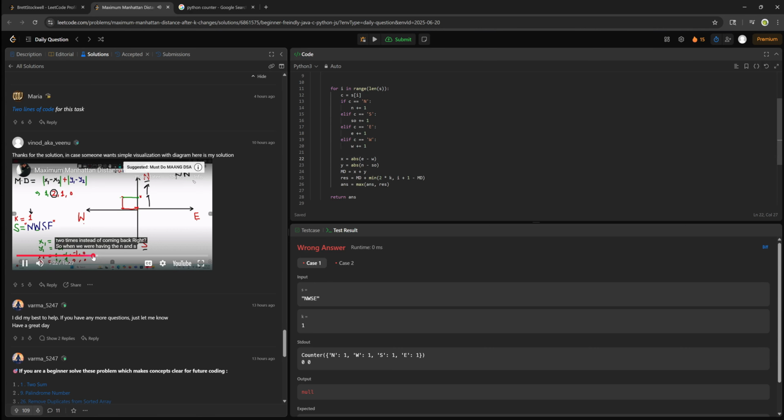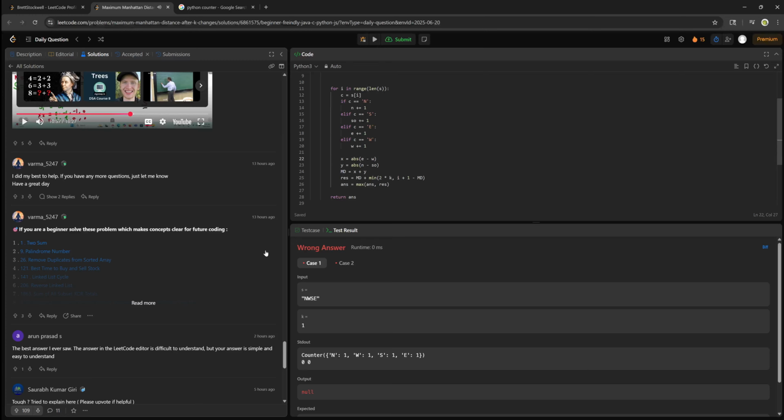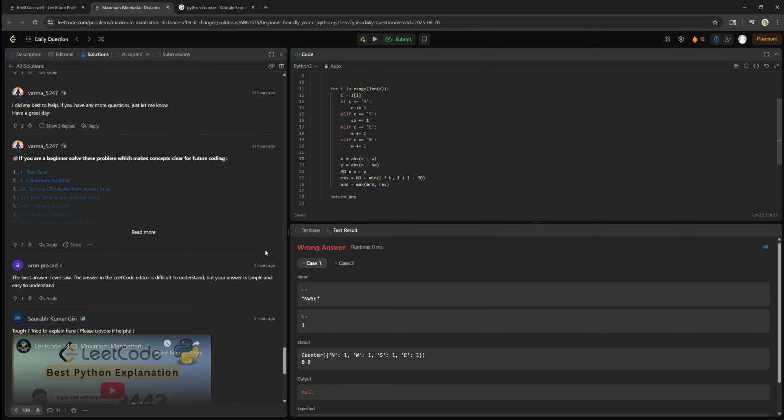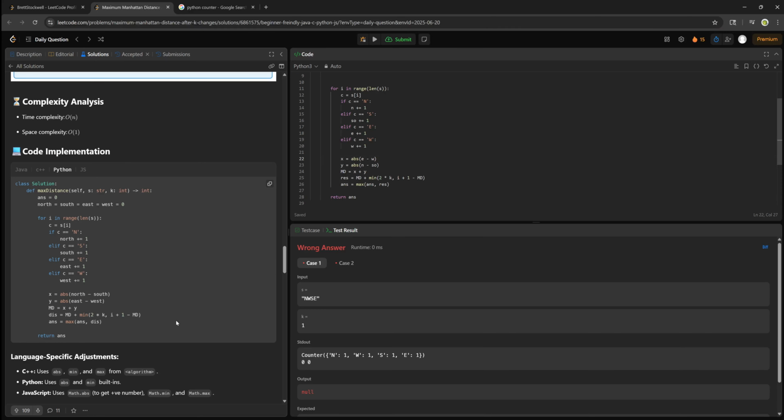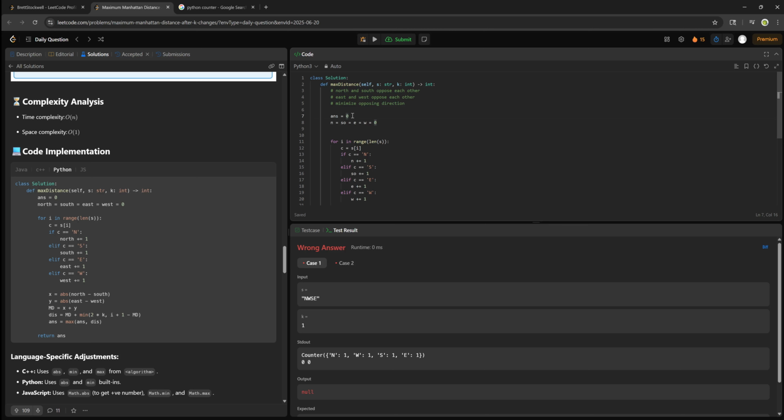The N and S, we have two combinations. Hmm. Keep track of all direction counts.